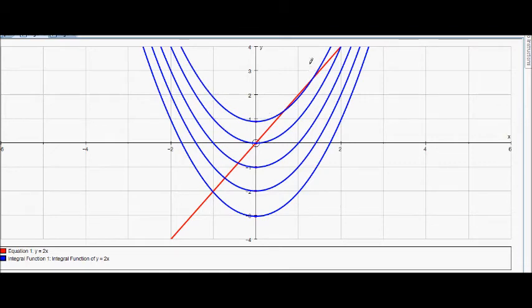But you can see that for that line, these are the functions that would actually make the gradient function y equal to 2x, because on these functions the value of the slope of the tangents for each x are the same.